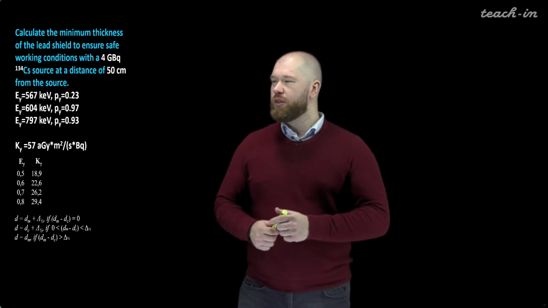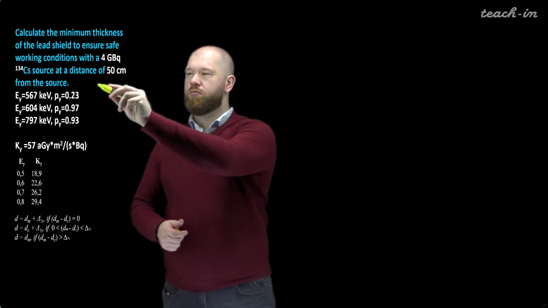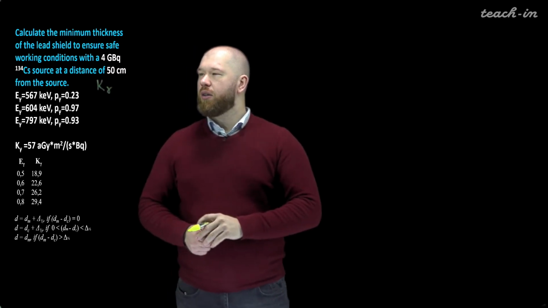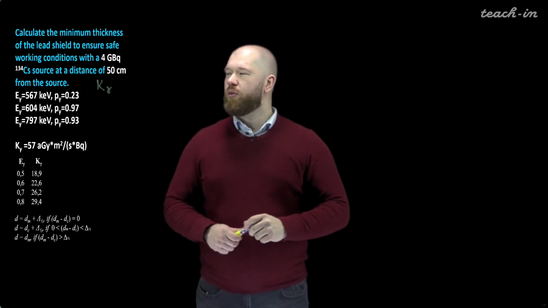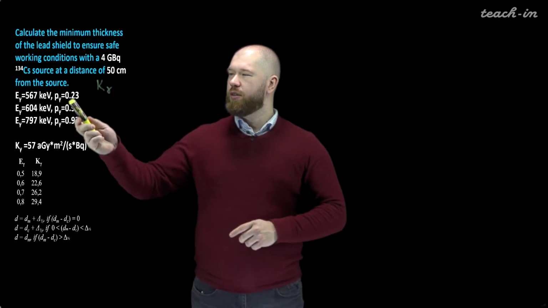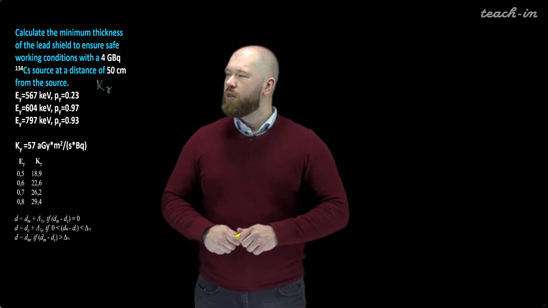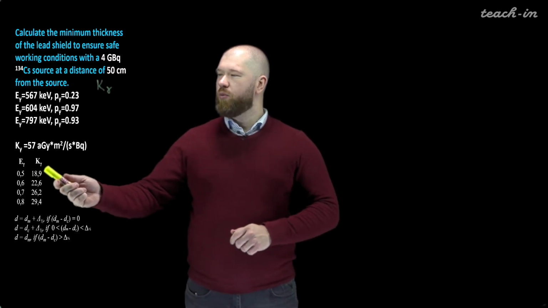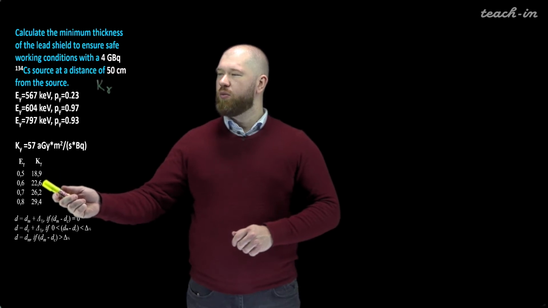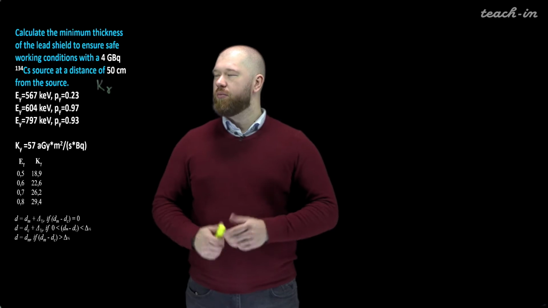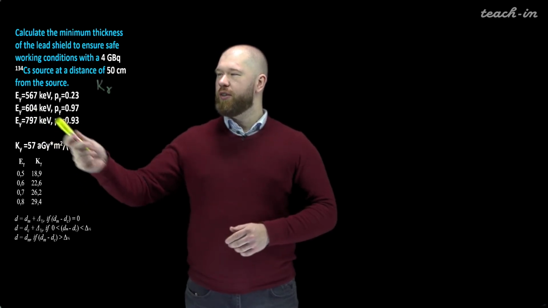for other energies specified for our radionuclide. For example, let's calculate the gamma constant for our energies. First of all, for 567 kiloelectron volts. We have these two numbers for 500 kiloelectron volts and for 600 kiloelectron volts, and thus we have to calculate these values for 567.